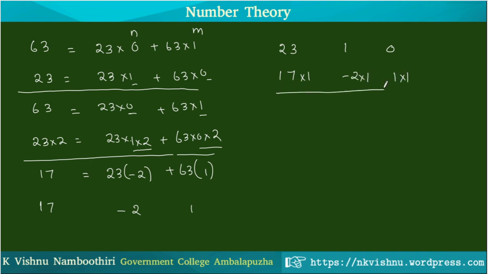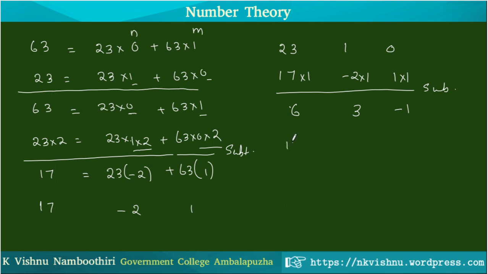So if we subtract, here there is a subtraction, here there is another subtraction. If we subtract, we get this to be equal to 6, 3 and minus 1. Now we need to subtract the largest possible multiple of 6 from 17, minus 2, 1.